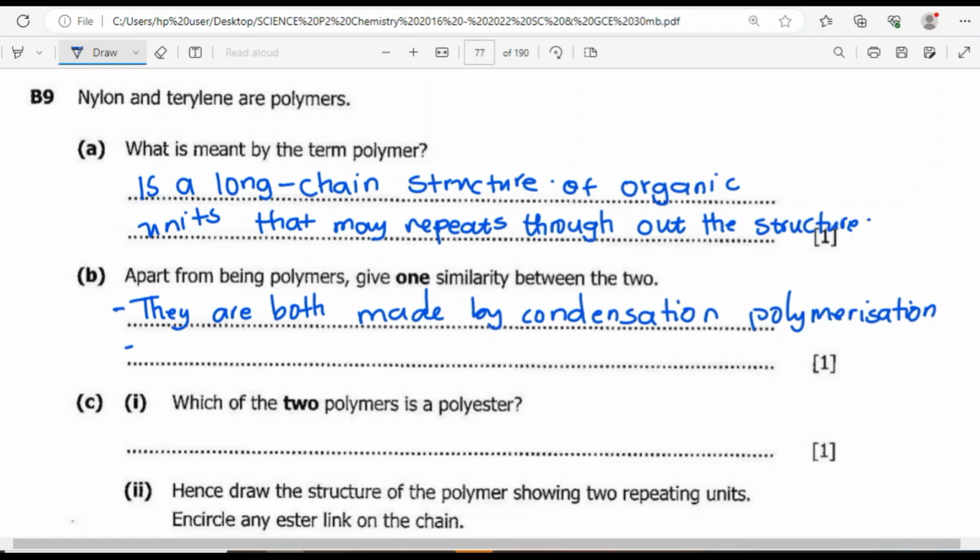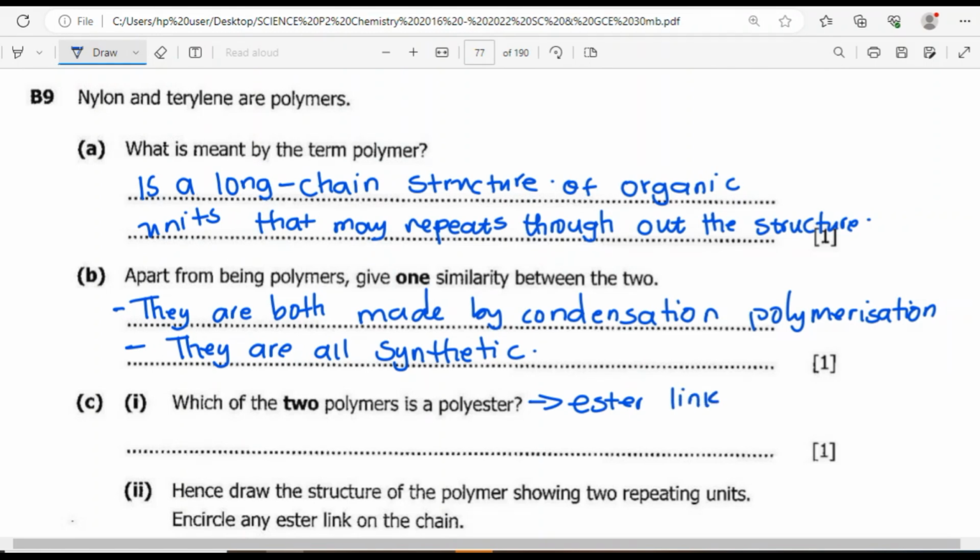Then the other one is they are all synthetic, means that they are man-made. Then C1, which of the two polymers is a polyester? So a polyester is the one that has an ester linkage.